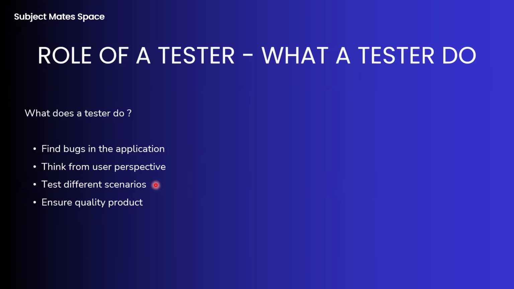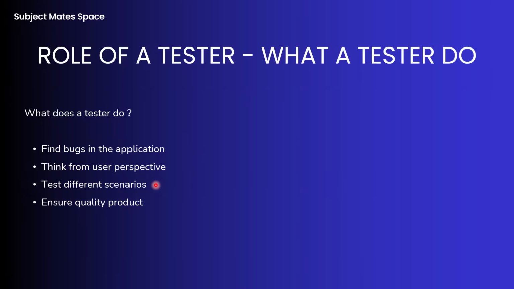it should break the application. If it doesn't break the application and it allows you to log in, then that is an issue. Second case, in the username, you have not entered the at the rate symbol, which is the mandatory thing. It should throw an error and the user should not be able to log in.